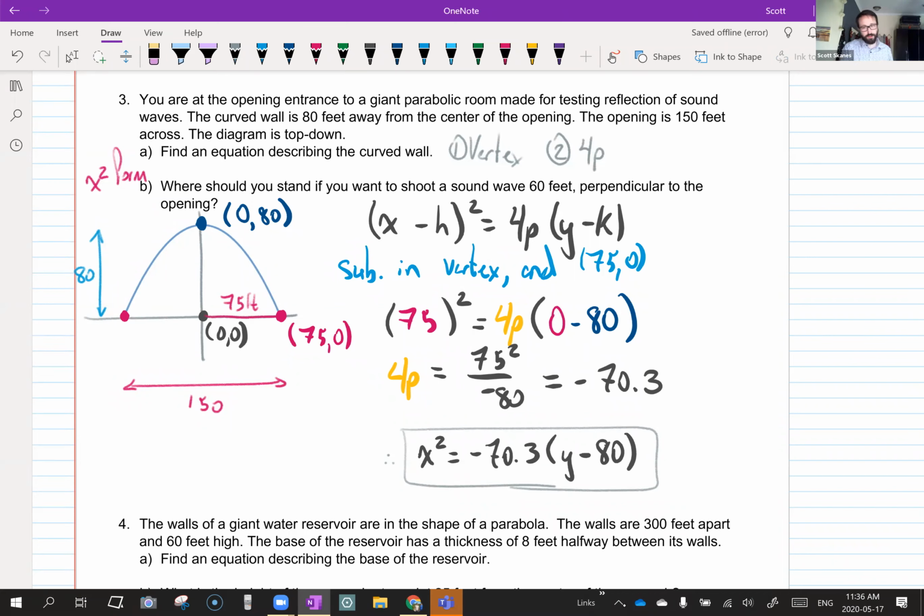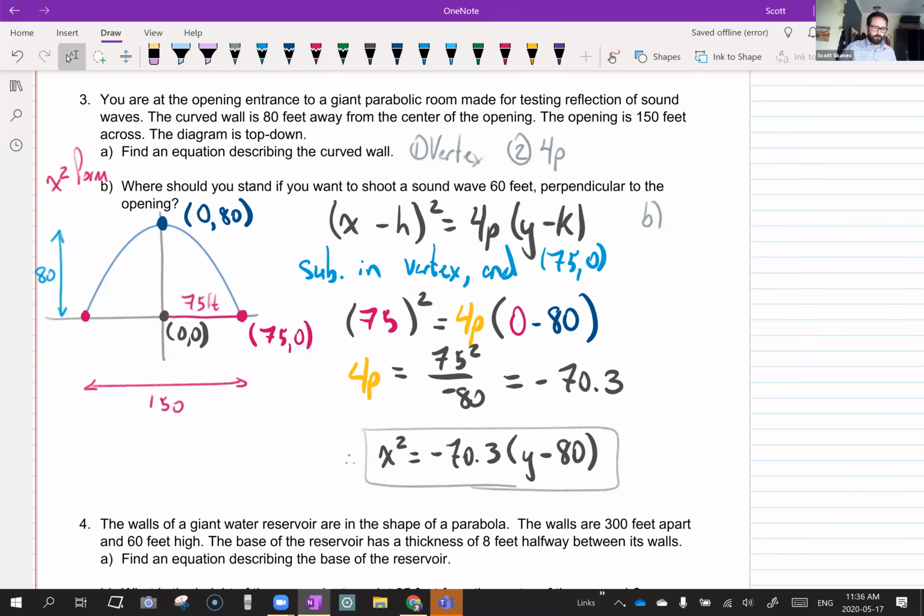Okay, and then I'm going to do part B. So part B, I don't have a lot of space for it, so I'll just do it over here. Where should you stand if you want to shoot a sound wave 60 feet perpendicular to the opening? So what that really means is, what is the x value when y is 60? And the reason that is what I'm looking for is because my room looks like this.